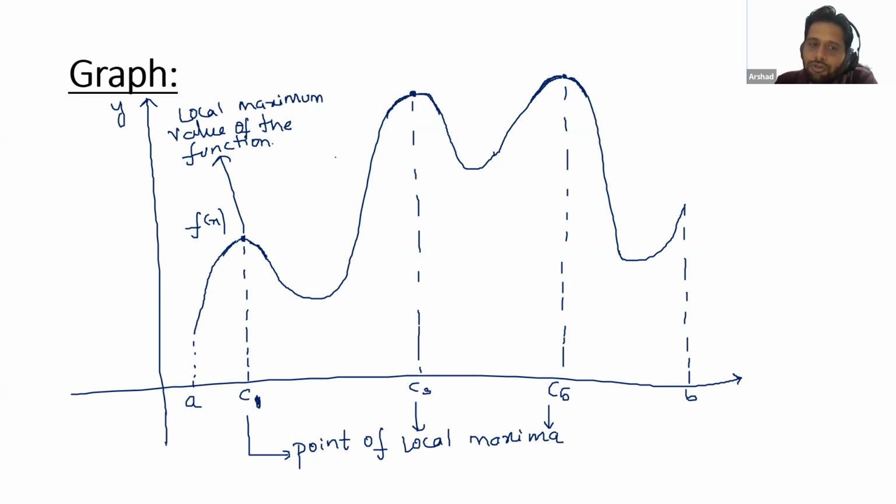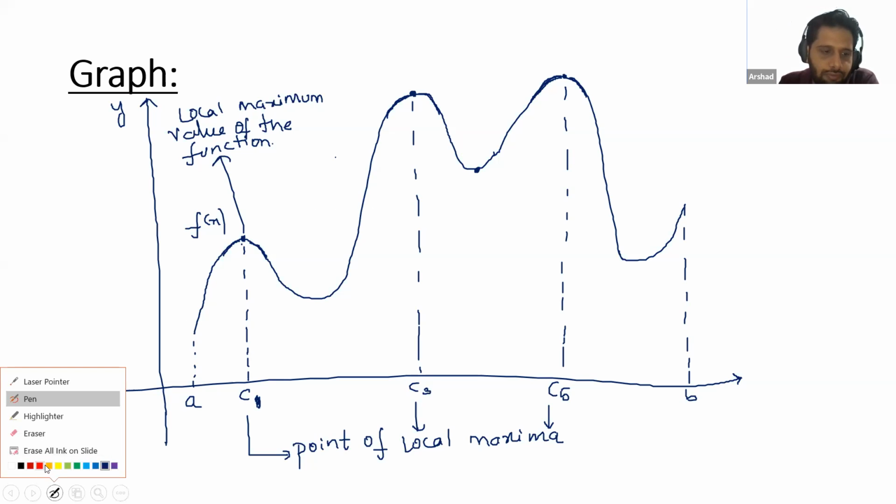If you check, for example, this point has a value greater than this local maxima. So local maxima doesn't mean that the function has the maximum value. Local maxima means the function has a value which is greater than the neighboring points. Is this clear?